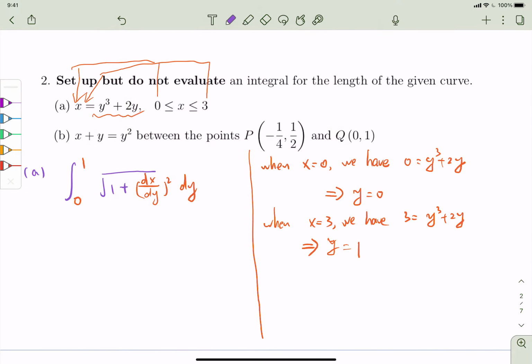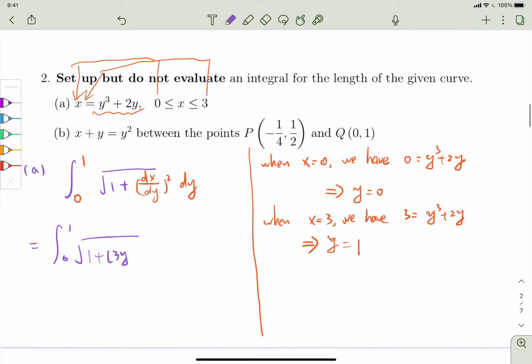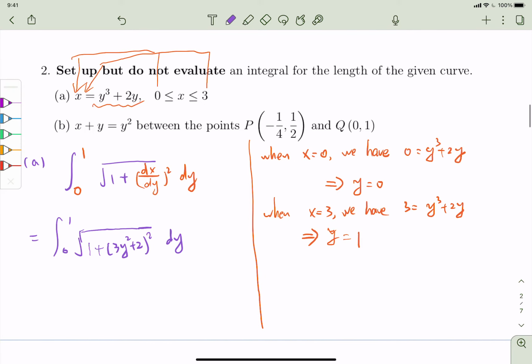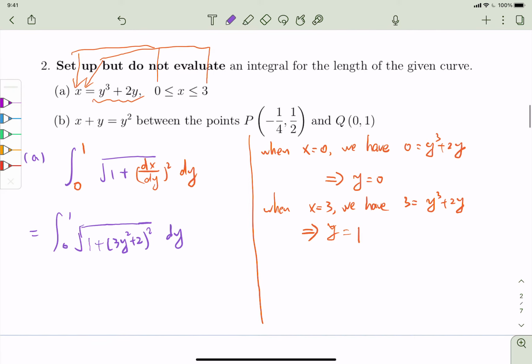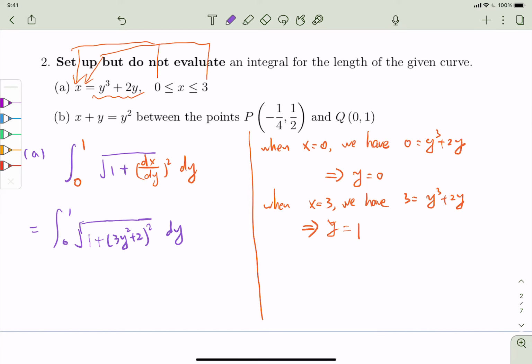After finishing this, I can plug in 0 to 1. This is 1 plus dx over dy, that is the derivative, so I have (3y squared plus 2) squared dy. Okay, that is the integration. We do not need to evaluate it. We just need to write out the expression. So that is about question 2A.